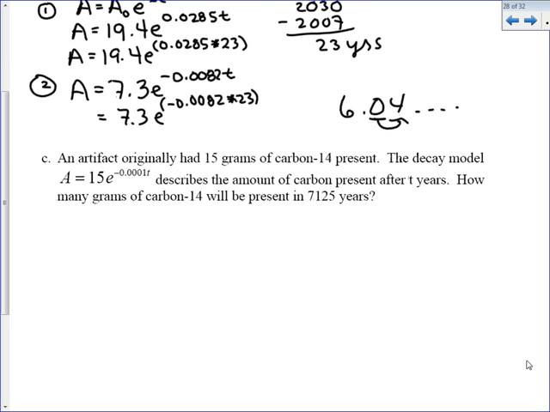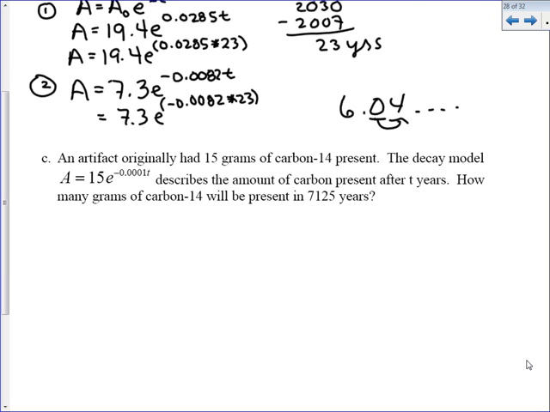So for C, an artifact originally had 15 grams of carbon-14 present. The decay model, A equals 15e to the negative 0.0001 t, describes the amount of carbon present after t years. How many grams of carbon-14 will be present in 7,125 years? There's a lot of information in that problem, but just a couple things that we actually care about.